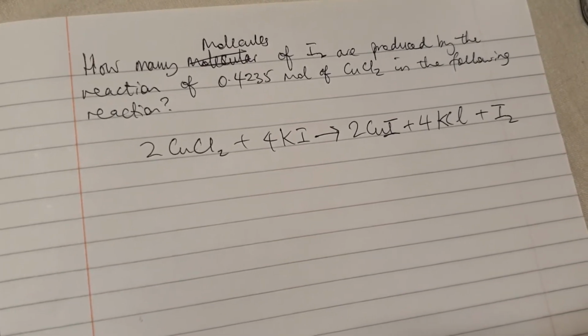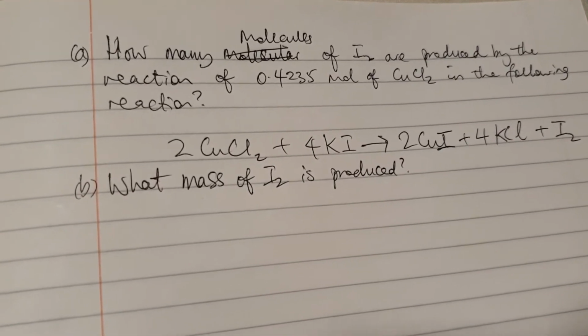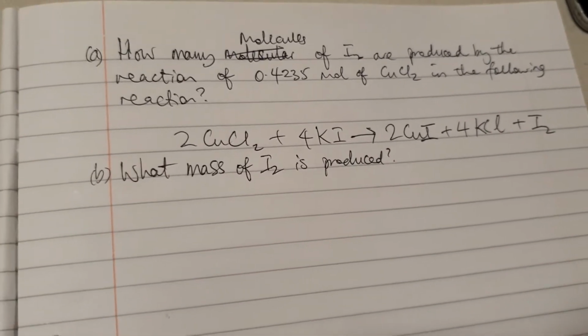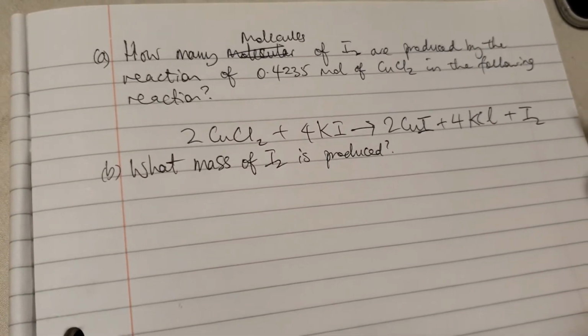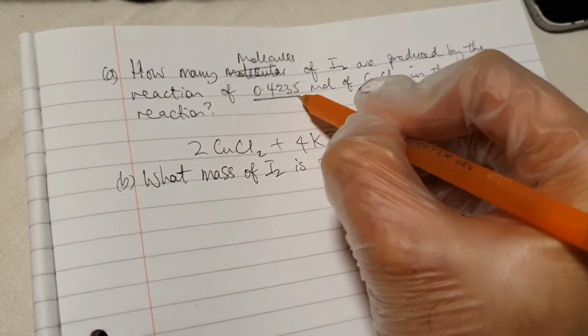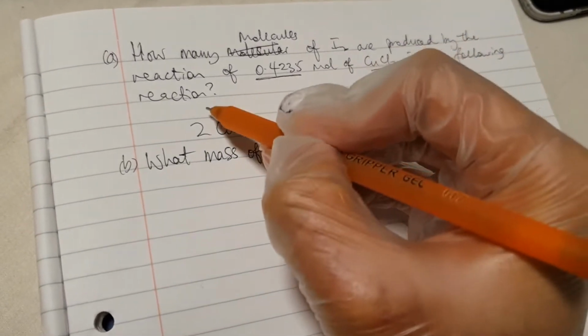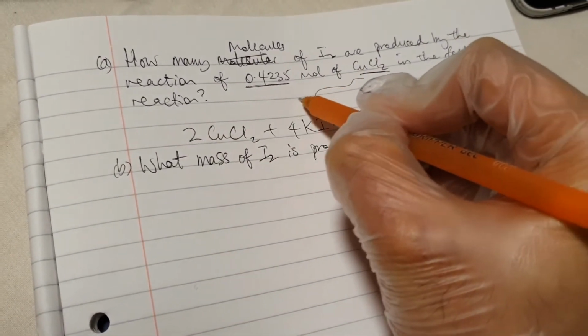So that's part A. And then for part B, what mass of I2 is produced? Alright, so let's underline this, because it's talking about 0.4235 moles of CuCl2, and so that is referring to this.